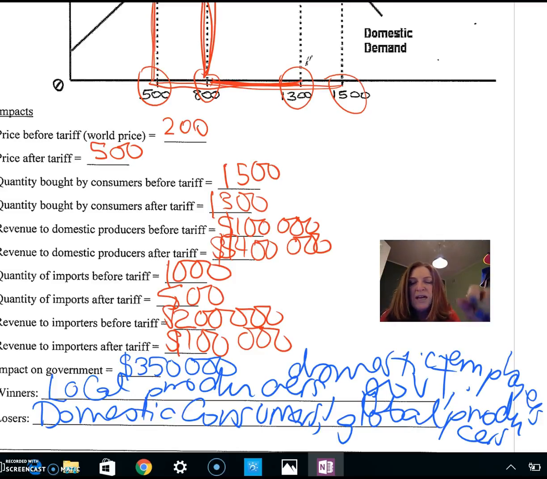The tariff diagram, however, allows you to pinpoint, quantify and illustrate the first effects on price, quantity, and then revenue to domestic producers, global or overseas producers, and government. Then we can make further analytical statements after that. And so that, my friends, is the tariff diagram.